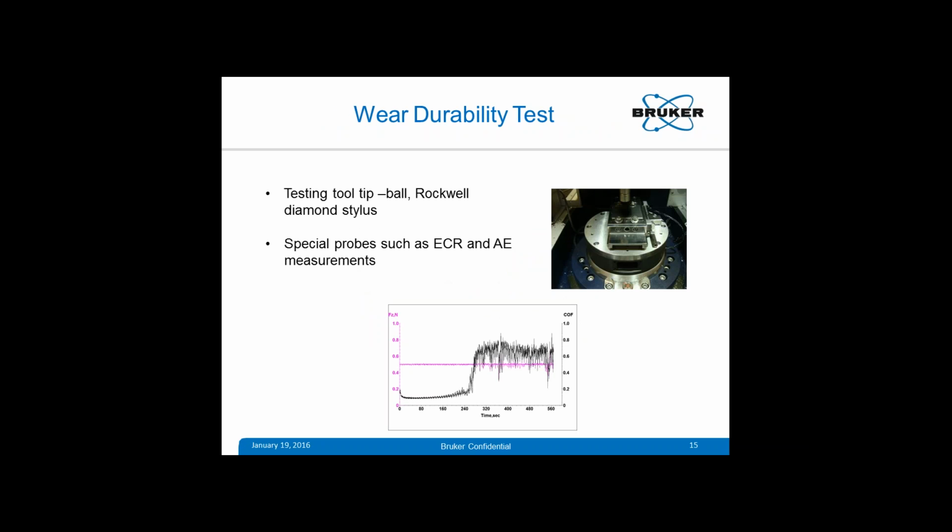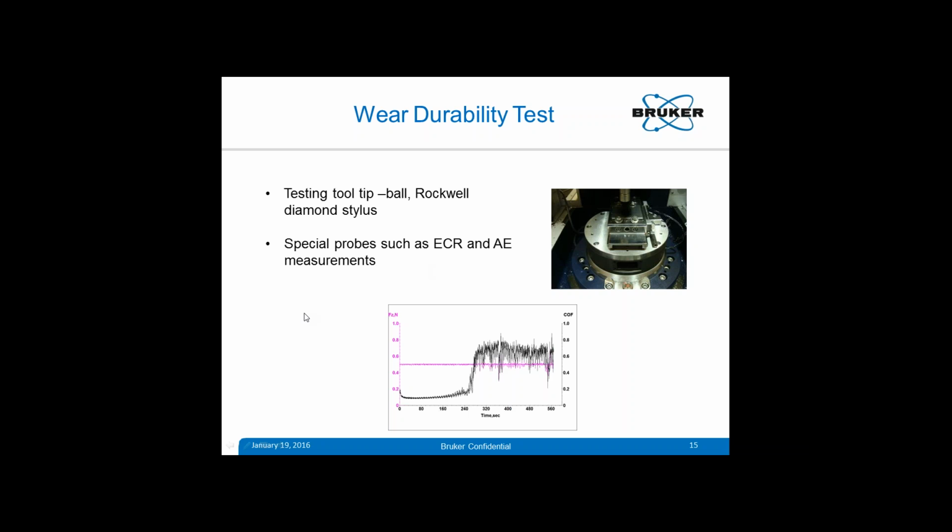Next is the wear durability test. Wear durability test is basically done using a particular tip, maybe a ball, Rockwell diamond stylus, or some other tip, and it is done mostly for coatings, and in some cases for bulk material too, to know at what point the surface is actually getting worn out.